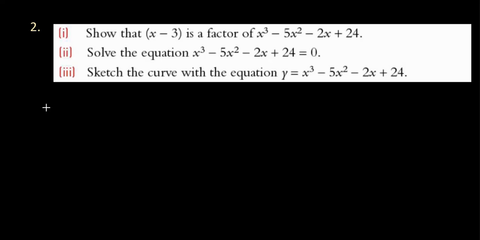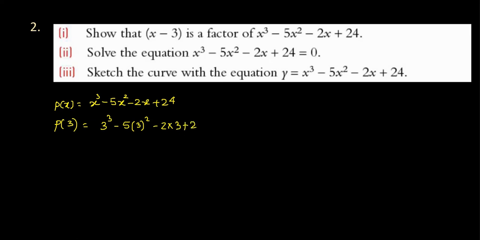So if I have been given this p(x), which is x cube minus 5x square minus 2x plus 24, I need to find out this value, not p(2), it is p(3), because x minus 3 is a factor. So p(3) is 3 cube minus 5 into 3 square minus 2 into 3 plus 24.